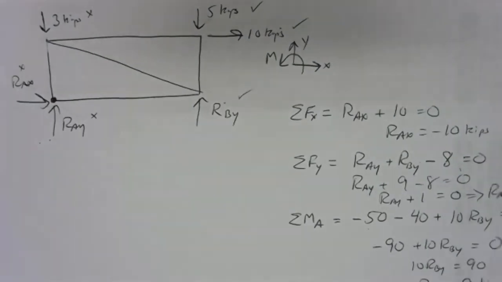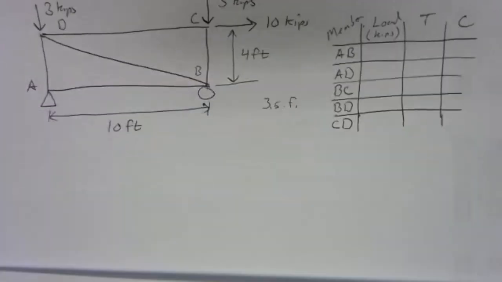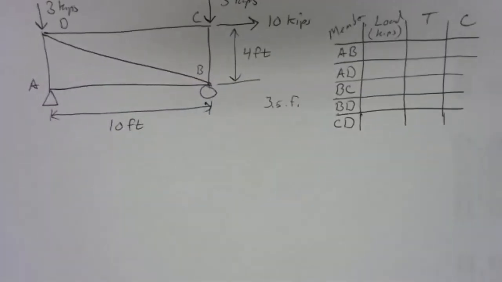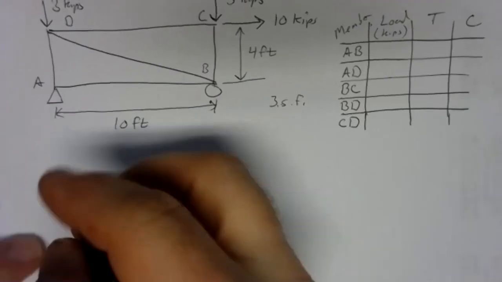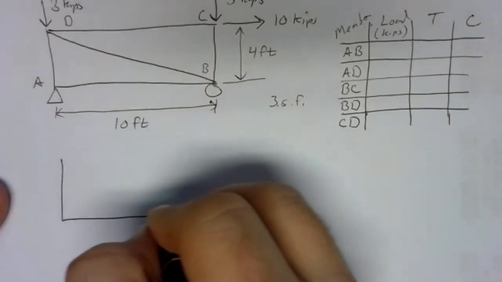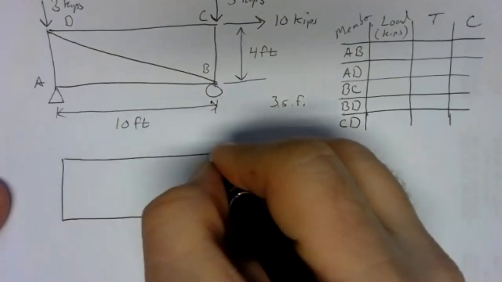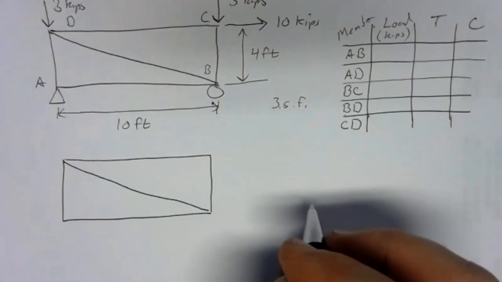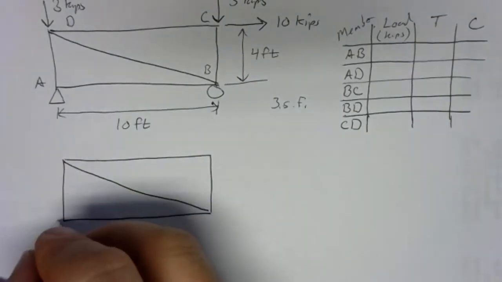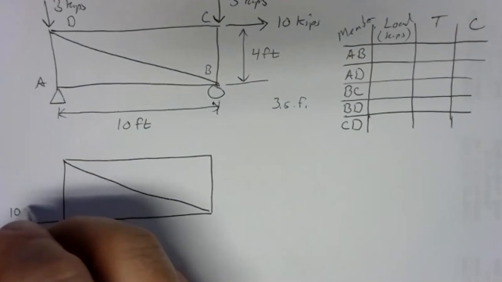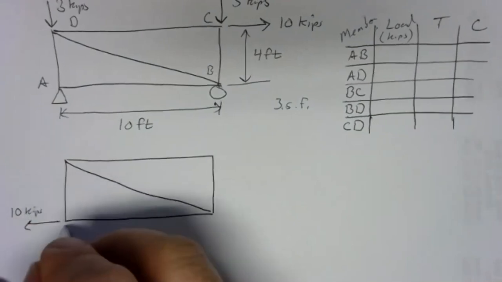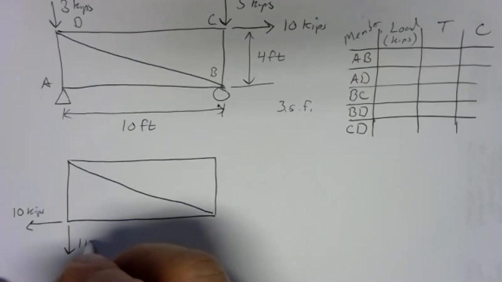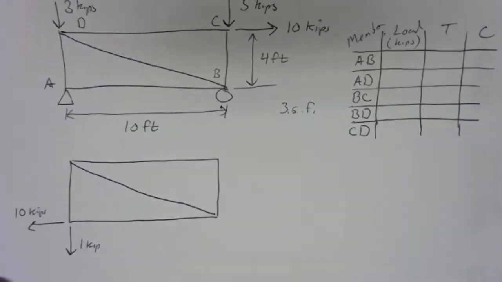RAY comes out negative. That means our assumed direction was incorrect. So that's our external problem. To proceed, I'd go back to the original sheet and resketch my drawing with the correct directions on the arrows. So I have 10 kips there and 1 kip down.